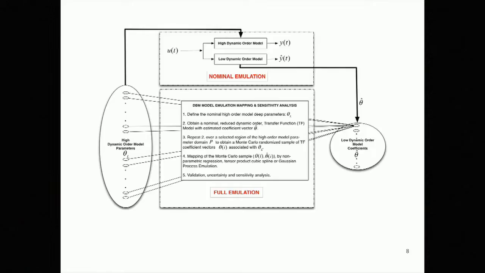That is, to map the high-order model parameters to the low-order model parameters. And this mapping is very similar to the sort of analysis that you've all been talking about this week. Okay, so I'm not going to talk about what that mapping is. It can be any mapping you like, but it is a complex hypersurface that you're trying to fit between these two. But I'm going to talk about the top approach anyway.